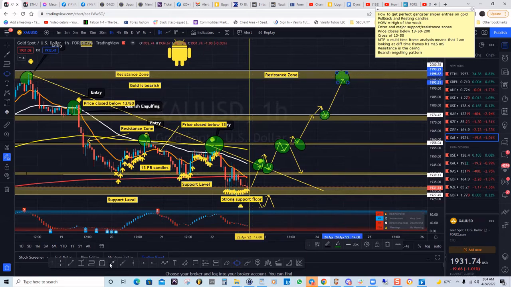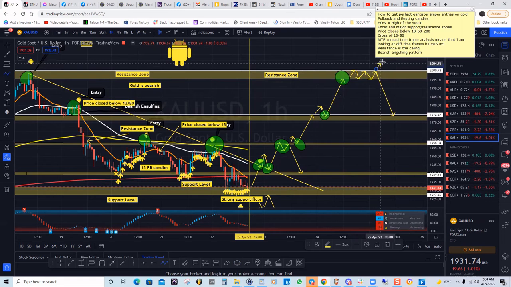Let me show you something real quick. Let me bring this here. If price comes in here and plays around, then I expect it to drop here. But it might just come here.